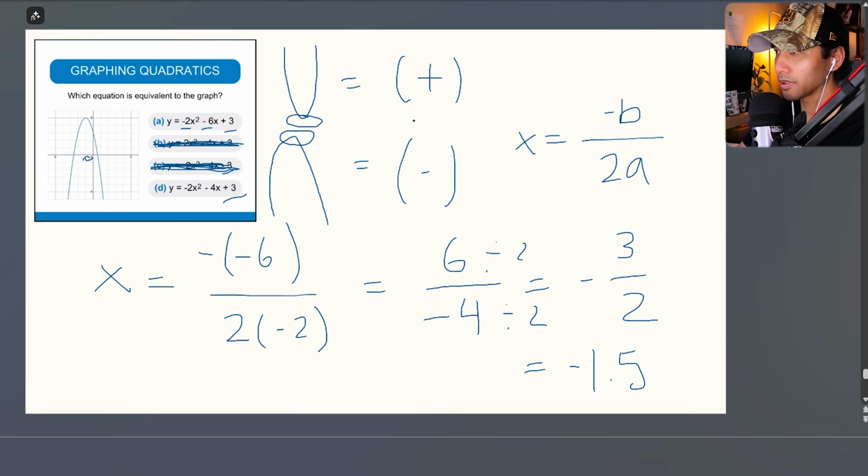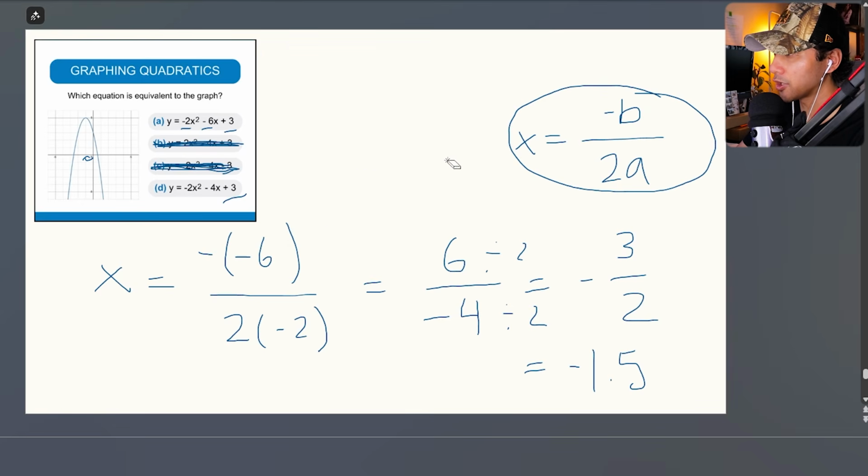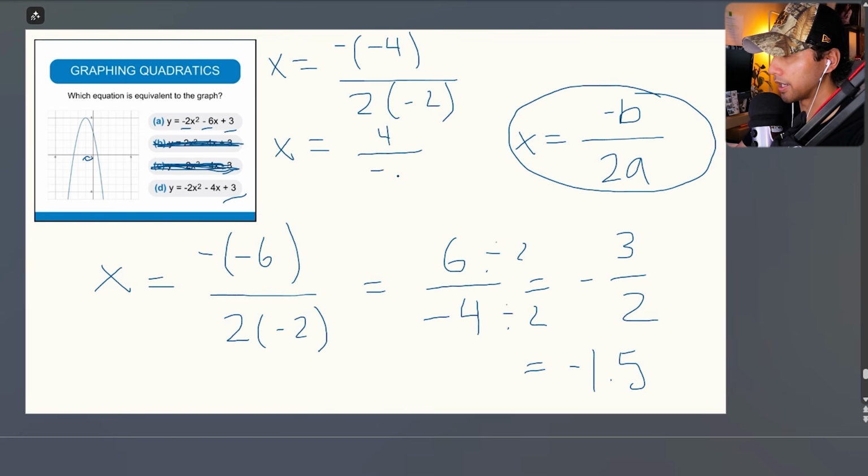But let's just keep using this formula, x equals negative b over 2a, for the next one, to just rule it out, to be like, okay, for sure it's going to be this one. Okay? So x equals negative 4 over 2 times negative 2. x equals 4 over negative 4.